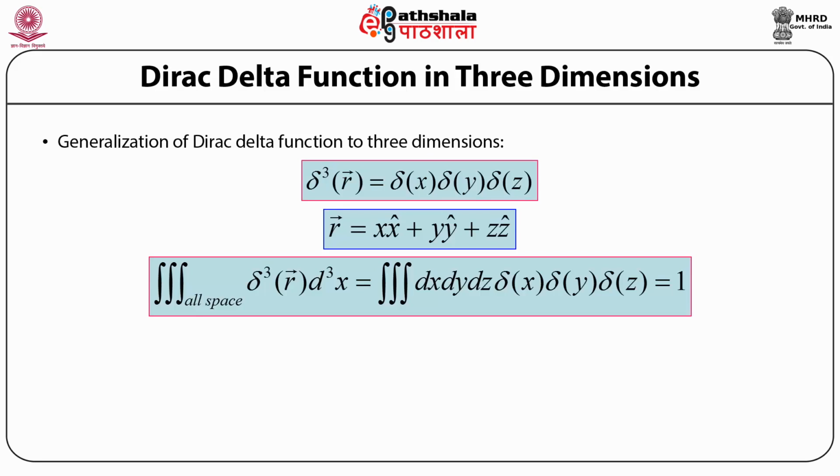So this identity can be proved from the result that we had seen in the Dirac-delta function in 1 dimension. If we extend that result to 3 dimensions, then we can get the current result.